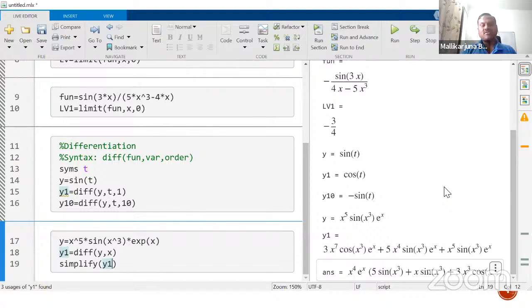So after simplifying or cancelling common terms, it will show the result. This is the advantage of simplification of the result. This technique is also available in other software, but this is one more advantage here.